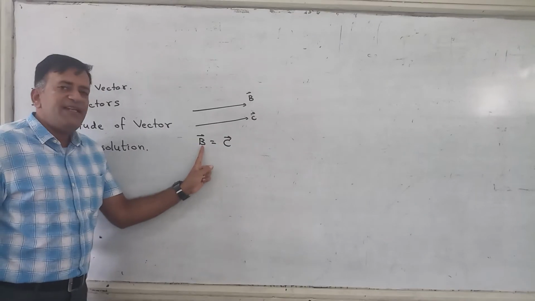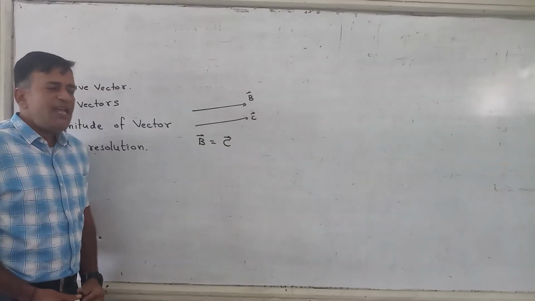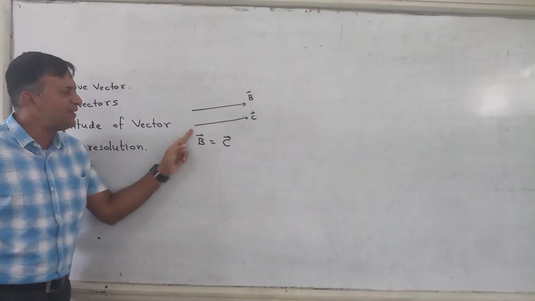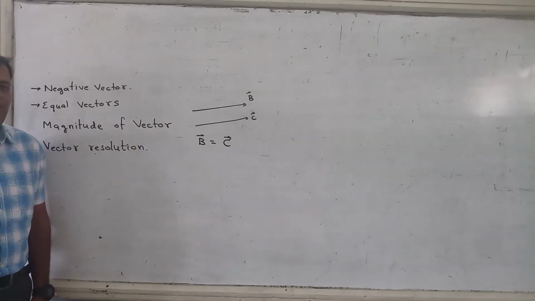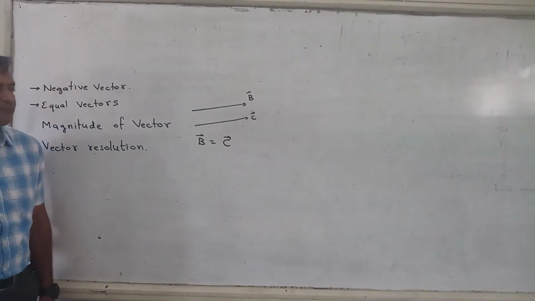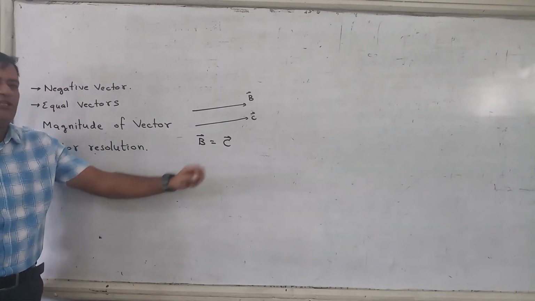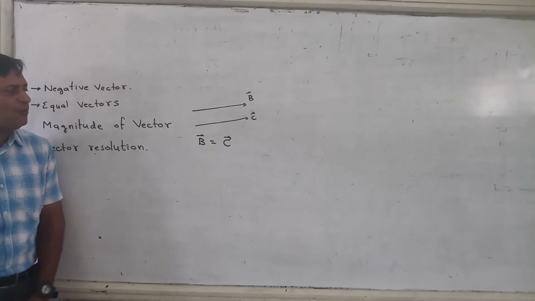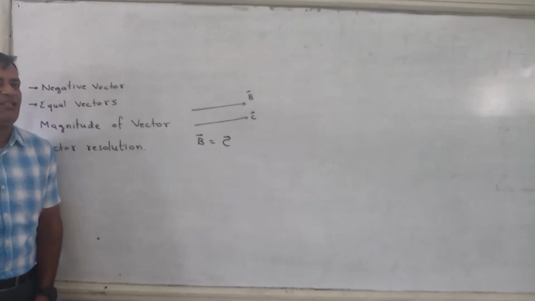When can we write that vector B is equal to vector C? If both the vectors have same magnitude, that means same length, and if both the vectors have the same direction, then we can say that vector B is equal to vector C. So by definition, two vectors can be equal if they have the same magnitude and the same direction.